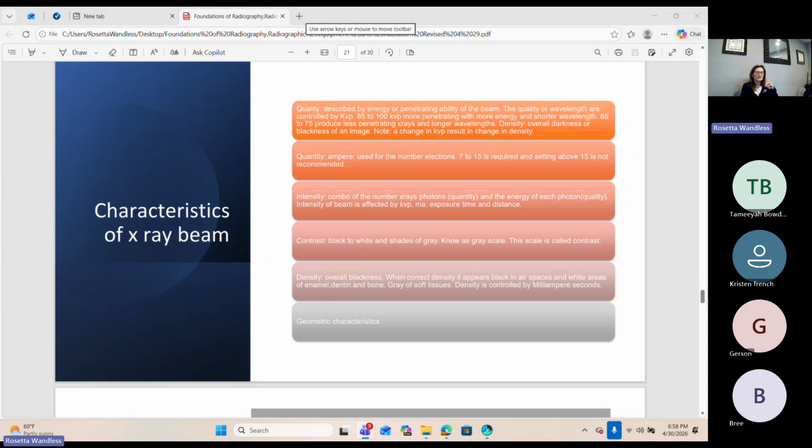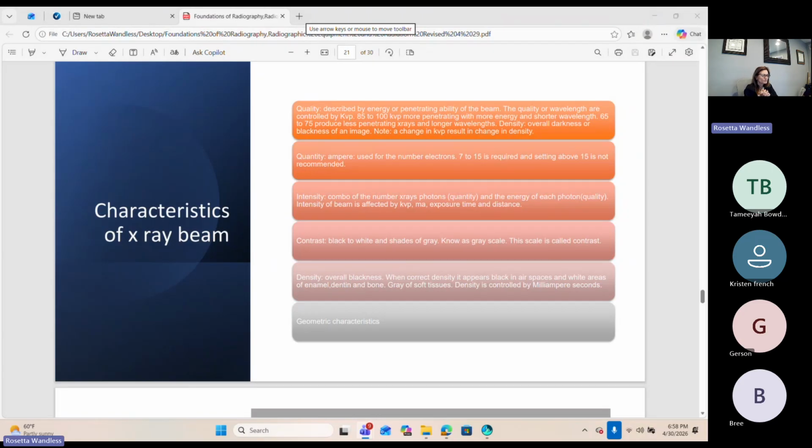So again, intensity is a combination of all things: quantity, mA; quality, kVp setting; the exposure time setting; and the distance of our tube head from our image sensor.